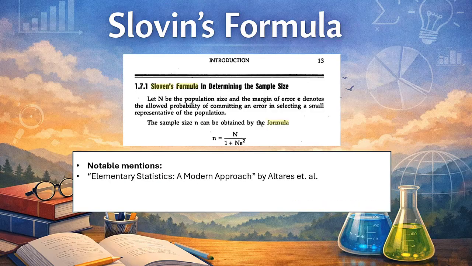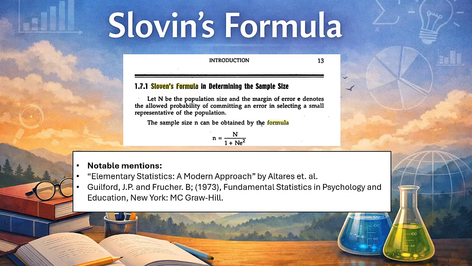This mention of Slovin's formula in the 2003 book Elementary Statistics, A Modern Approach by Altares and colleagues might provide a clue. Note the spelling. And Guilford's 1973 book, Fundamental Statistics in Psychology and Education, does cite Slovin, 1960. Now, if I could get my hands on that book, I might be able to solve this mystery.